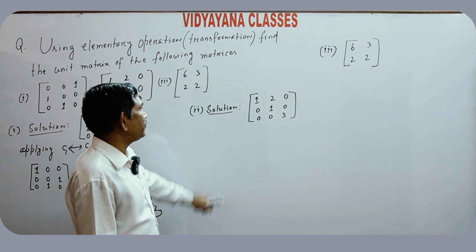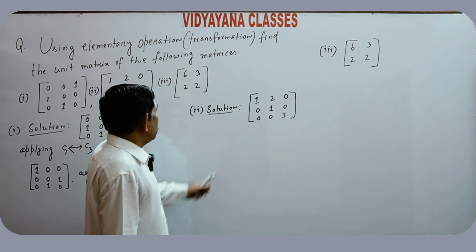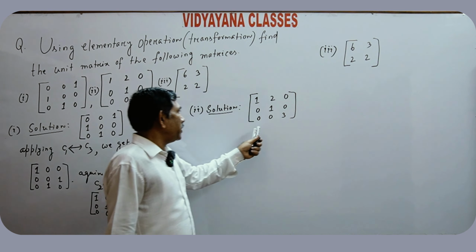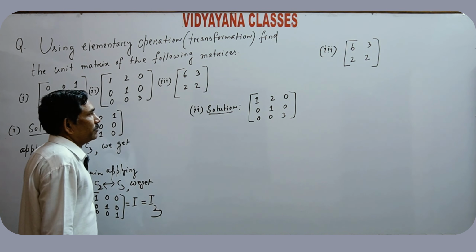Second bit, we will find the unit matrix, either by column operation or row operation.